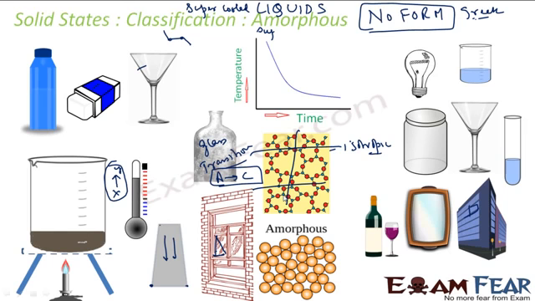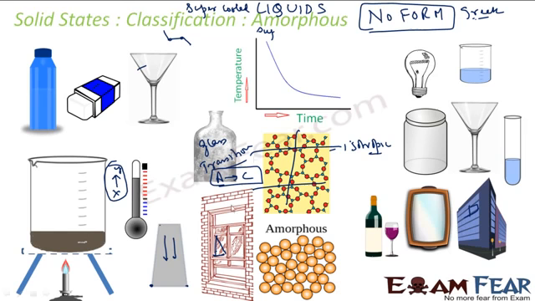So from any direction you get almost similar physical properties, like electrical conductivity or refractive index. Since there is no long range order, it's all irregular in all directions.